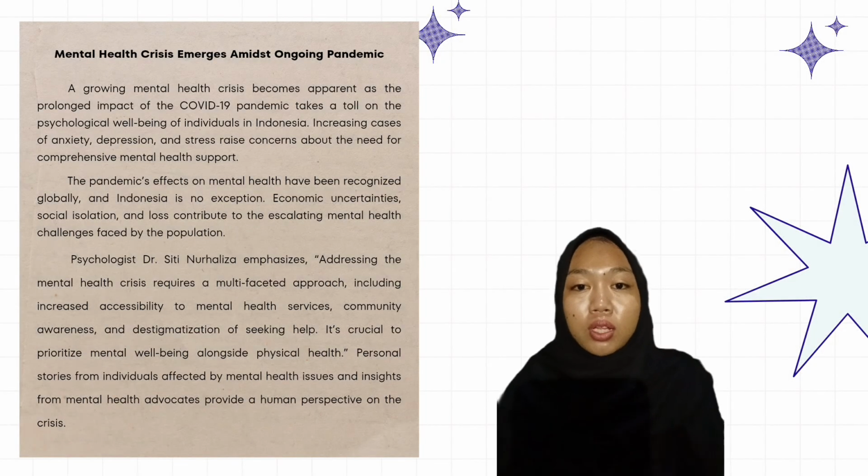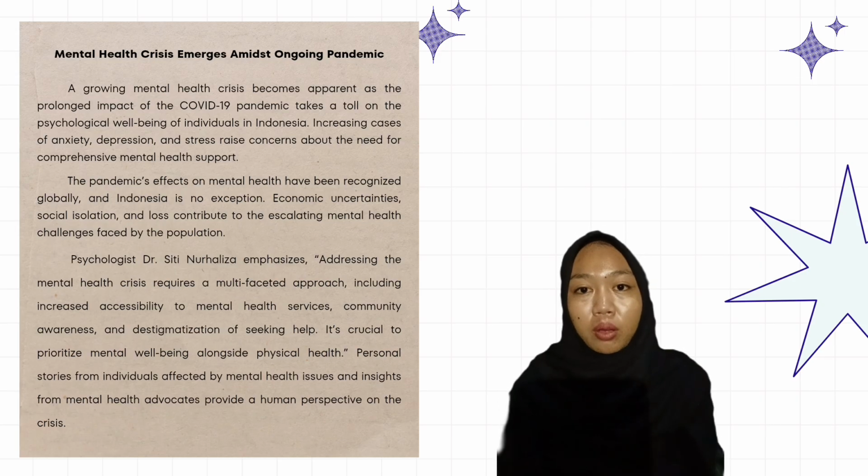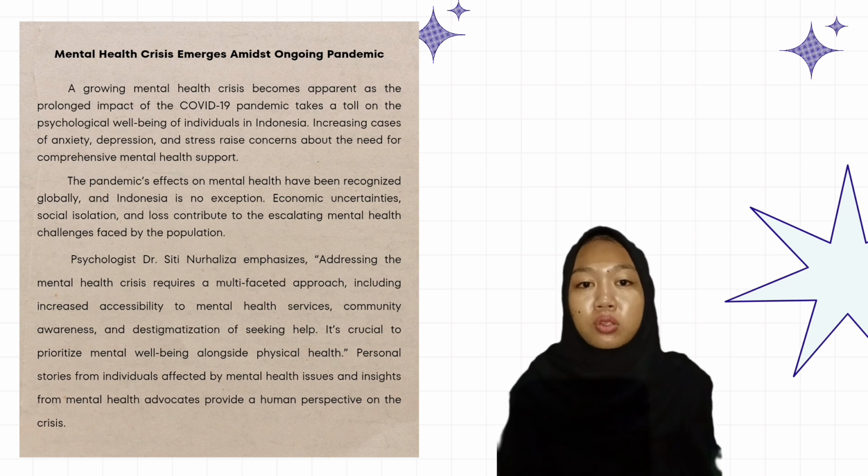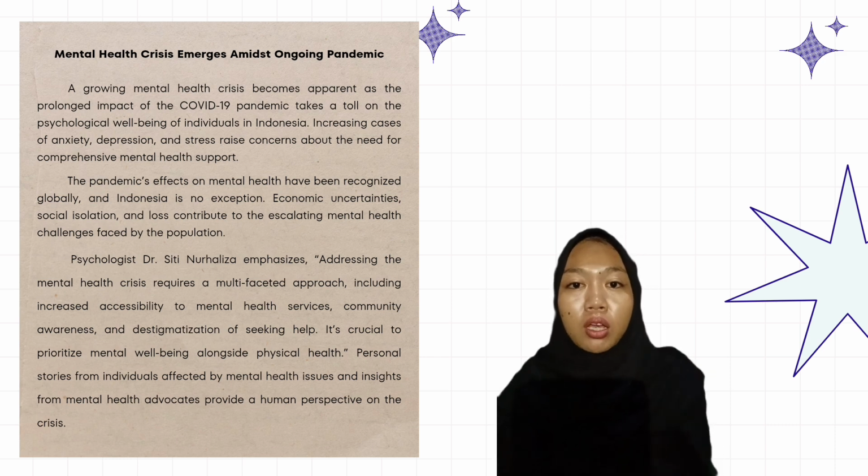Okay, now let's look at the example of news item text. Mental health crisis emerges amidst ongoing pandemic. This text discusses the mental health crisis that happened during the COVID-19 pandemic. The text explains that many people experienced anxiety, depression, and stress because of social isolation, economic uncertainty, and emotional pressure.